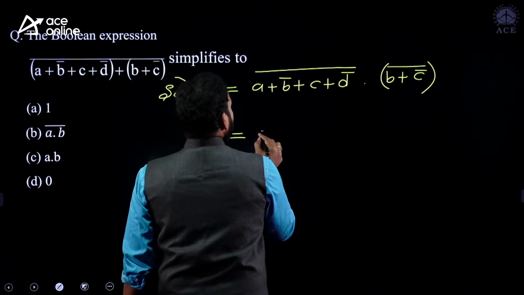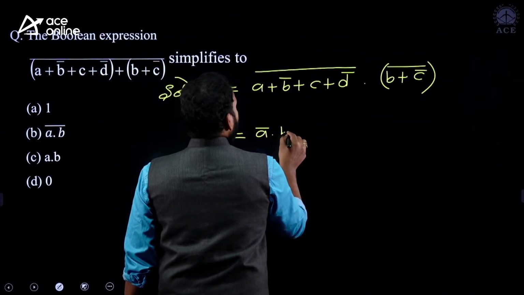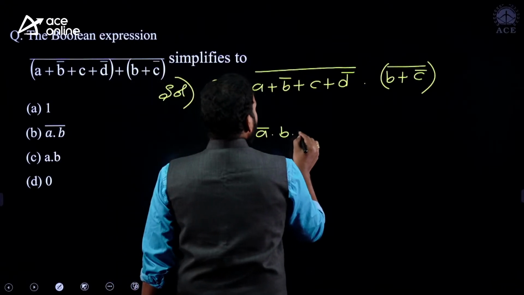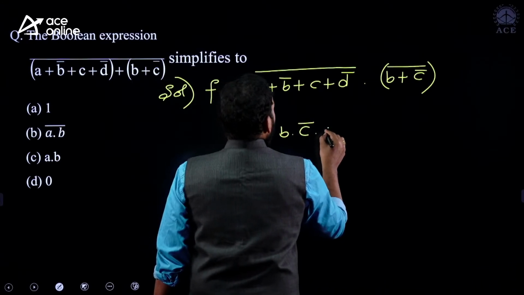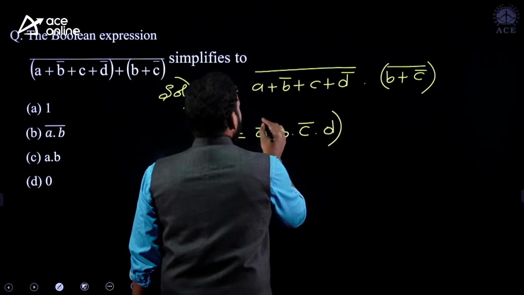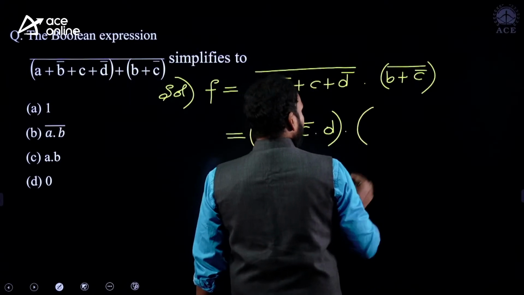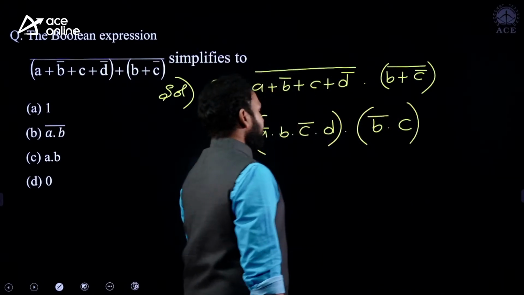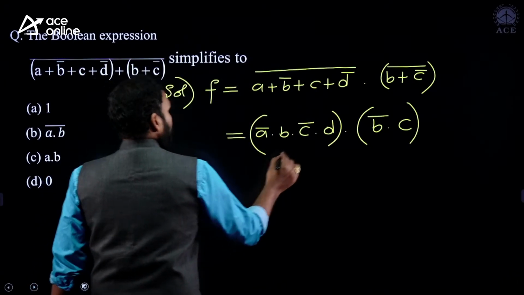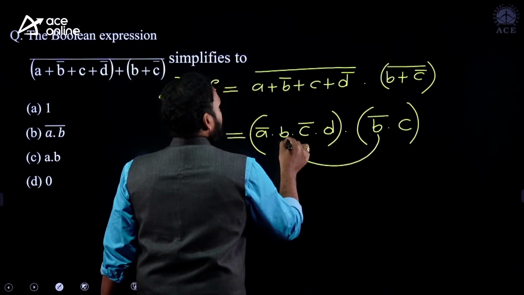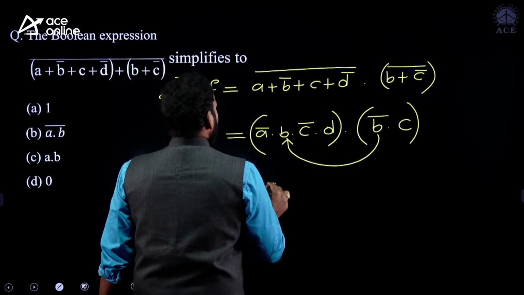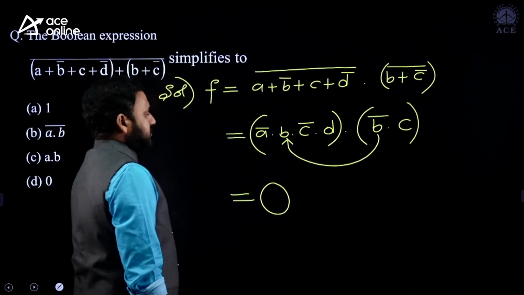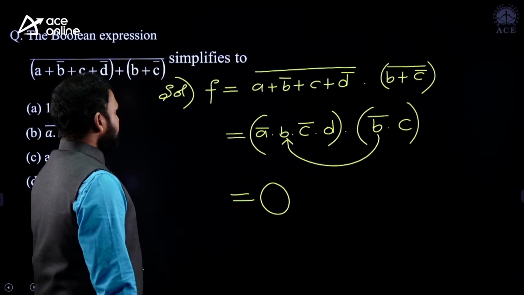You will get A bar dot B, B double bar, C bar dot D double bar, D dot B bar dot C. Very simple and straightforward, as B into B bar is 0, and 0 into everything becomes 0. You will get 0 as the final result.